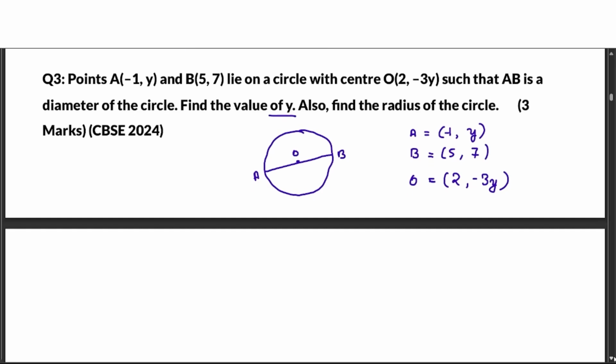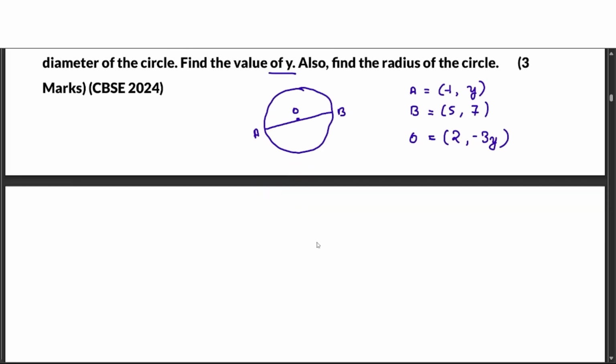Okay, so first thing you can understand, it is a center. So we can say here OA is equal to OB, because AB is a diameter, so their radius is equal. So OA is a radius, because of radius, we can say radius of the circle.